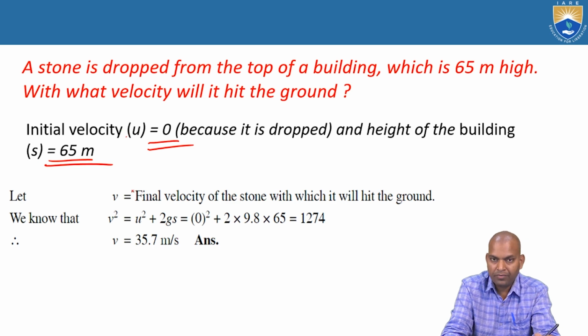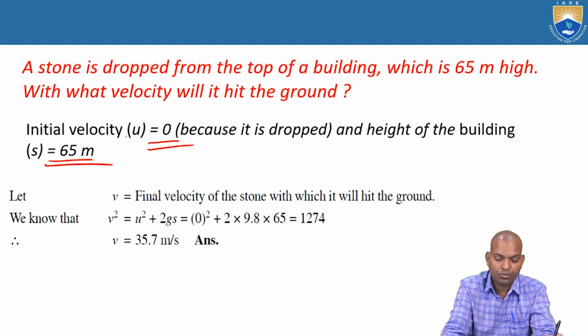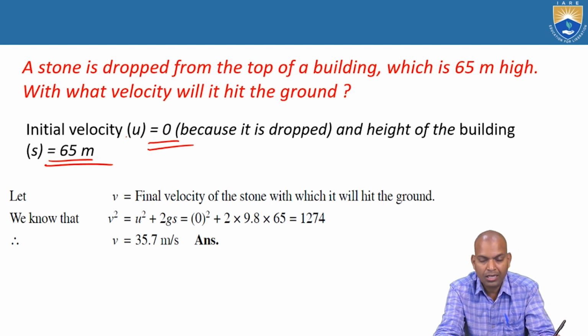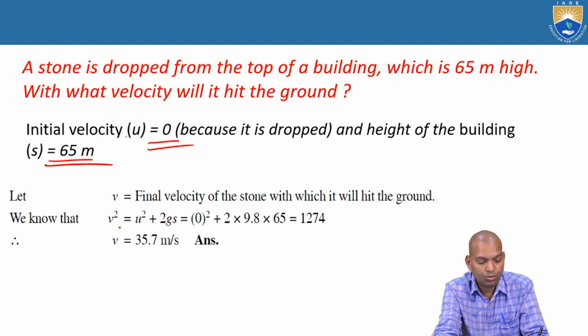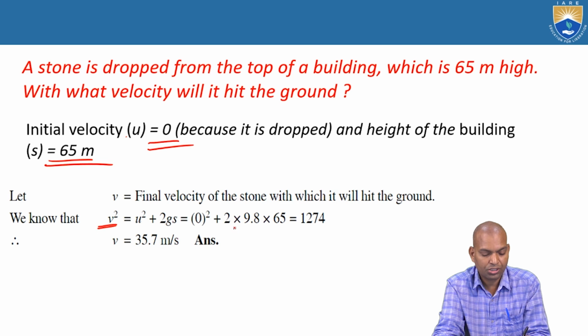Initial velocity, final velocity, and the height: these three things are there in one of the equations of motion, that is v² = u² + 2gs, where s is the height of the building. Substituting the values: v is the final velocity, which is required; the initial velocity is 0, g is 9.8, and s is 65.